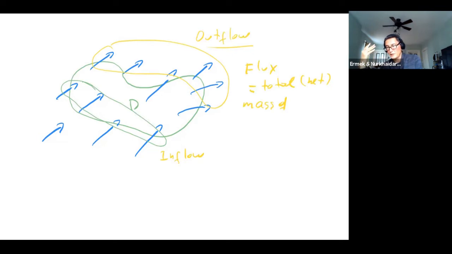So total net mass of fluid leaving region D. If something leaves, we calculate this as positive. Something coming in, we calculate this as negative. So outflow minus inflow. So let's do the calculations here.